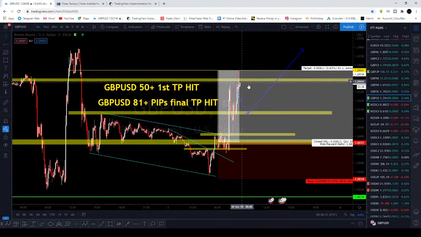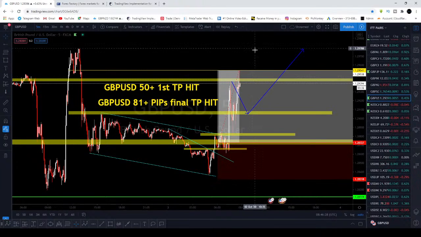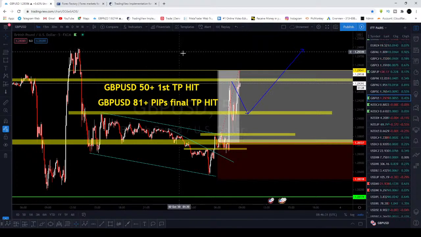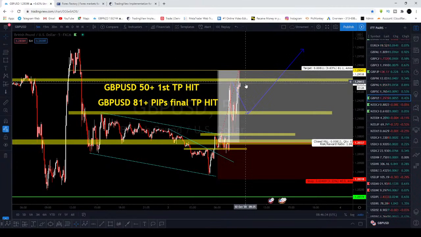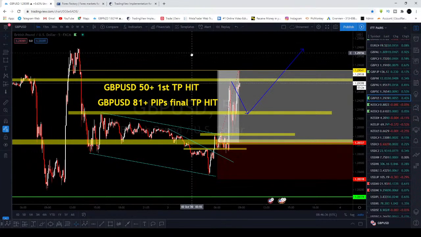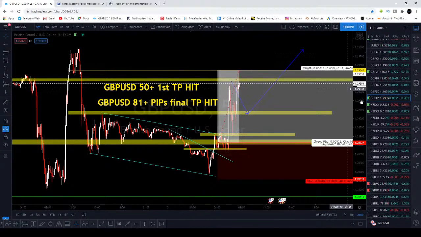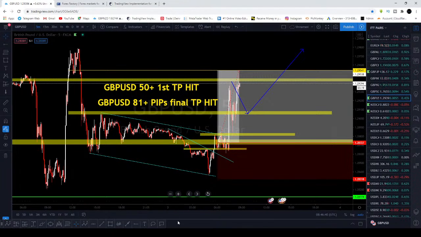It still needs to break out of this and close above it and continue going up, then possibly come up to this level before it comes down and retests again, continuing to the upside. But we'll try to see how far we can go about this, right? So that's all about it.